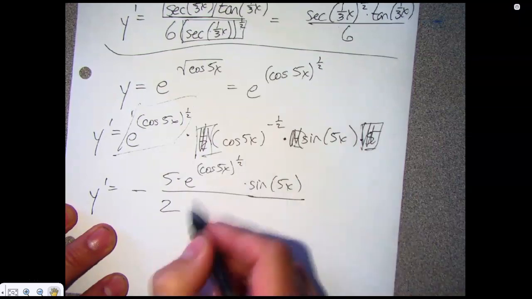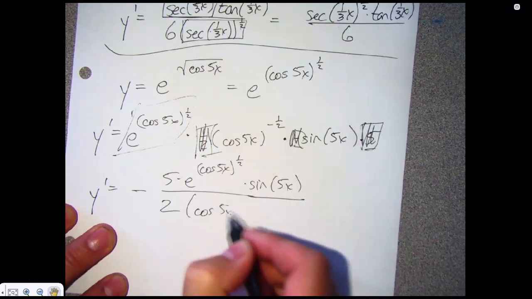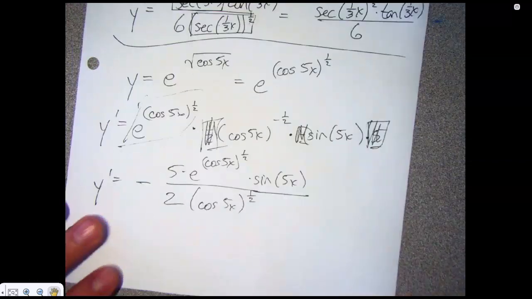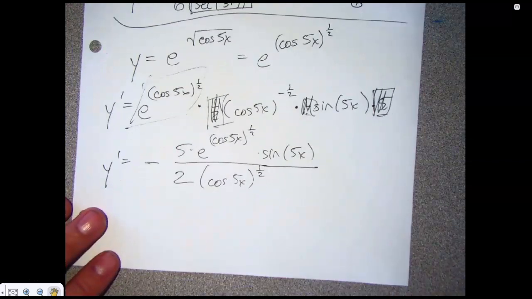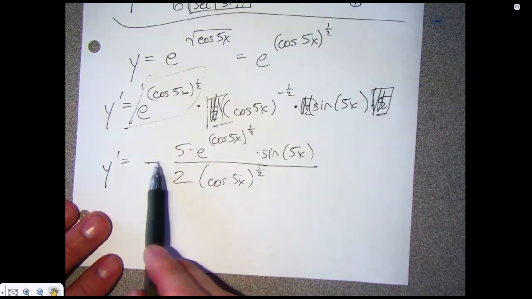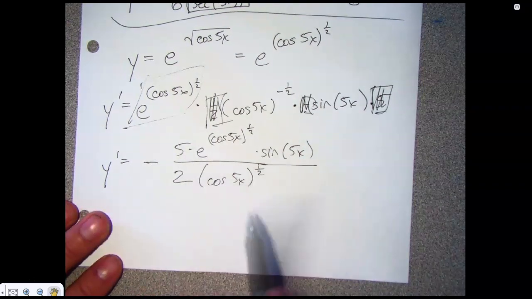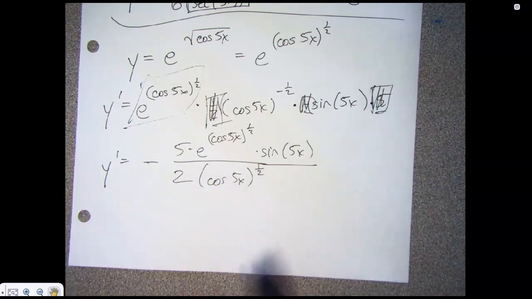And then on the bottom, you've got the square root of cosine of 5x. Can you keep the negative on the sine? Yes, this negative could be in any one spot. It just can't be in two spots, because that would be positive. You could put it in 3 spots, 5 spots, 7 spots.